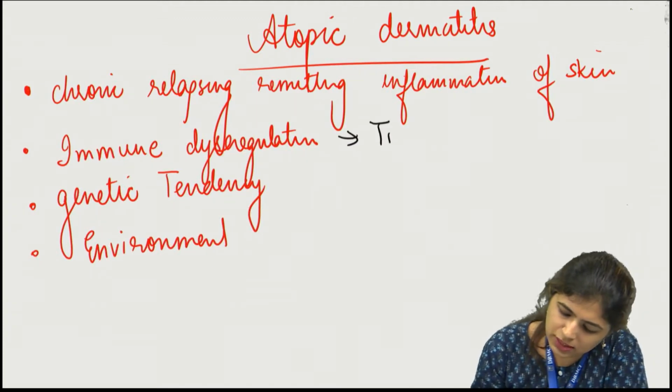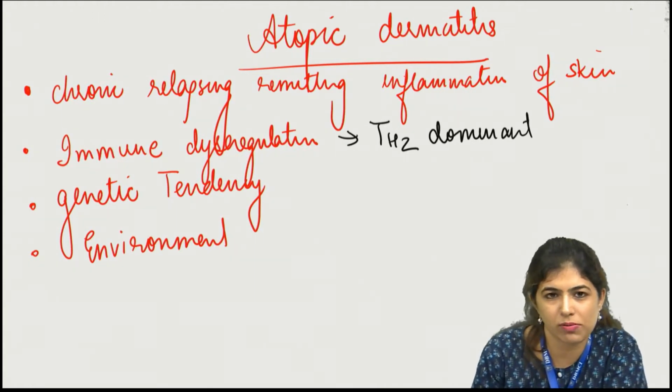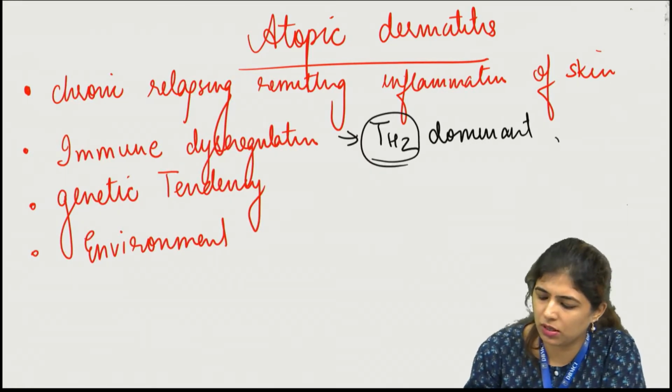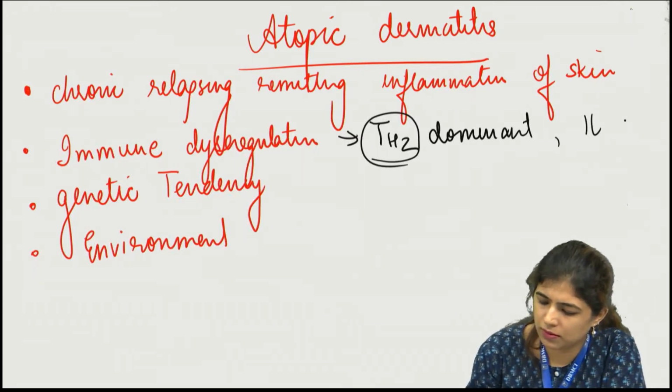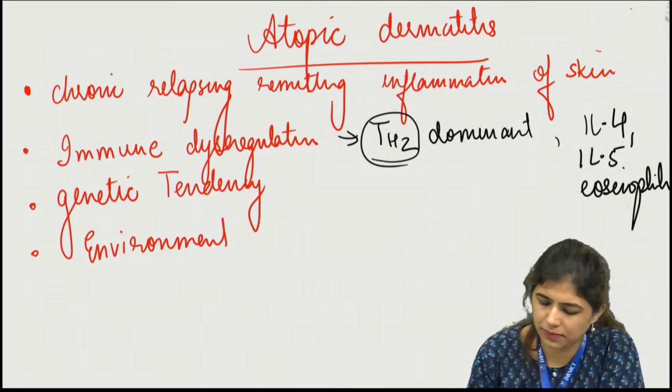Immune dysregulation means this is a Th2 dominant response. Generally in the body it's a Th1 dominant immune response. However, in these patients it is Th2 dominant. What comes with Th2 dominance? Interleukin 4, interleukin 5 and eosinophils.